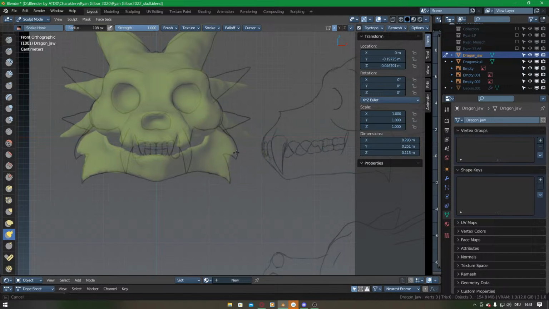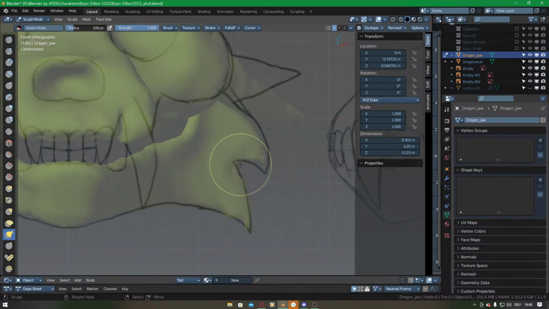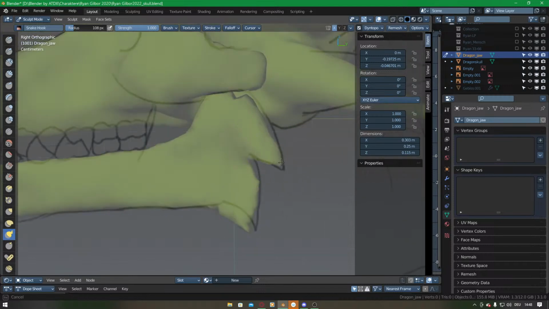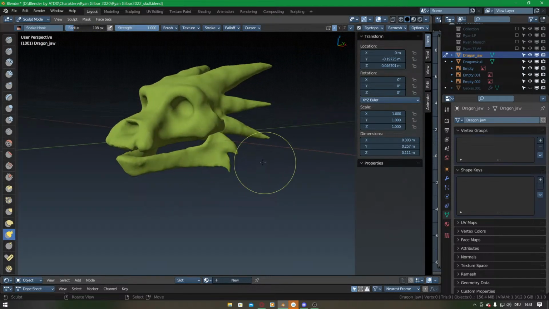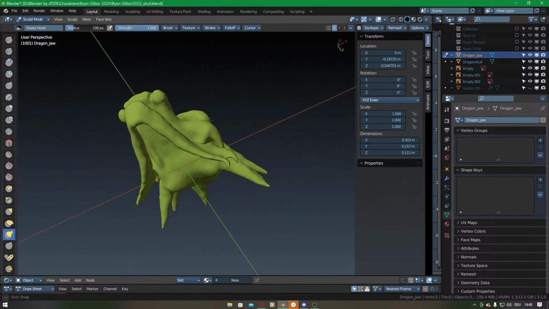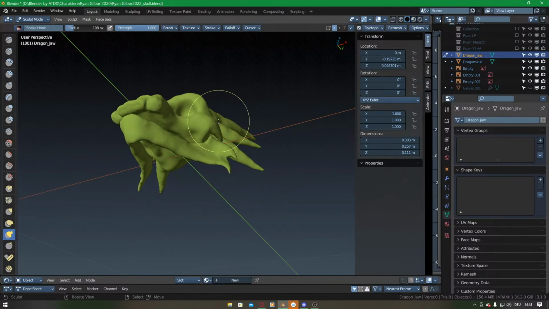If I pull this out this far. Well, it's working.